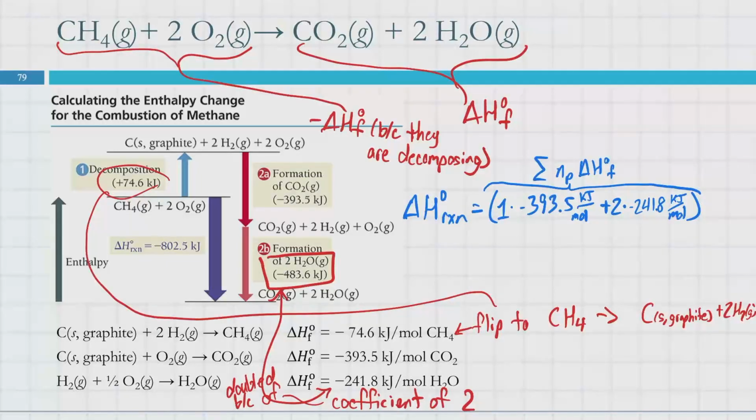So that's what this is telling us: add up the delta H values for the products times their coefficients if they've got them. And then we're subtracting from that the delta H values for our reactants. In this case, we just have our CH4, so 1 times the delta H value for the CH4, which is the negative 74.6.